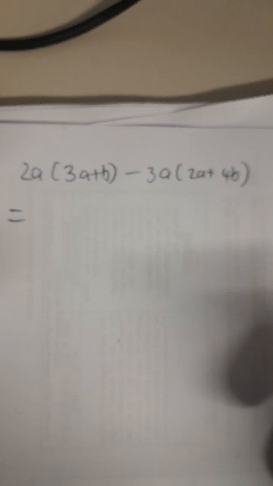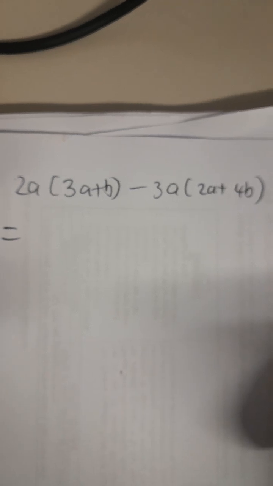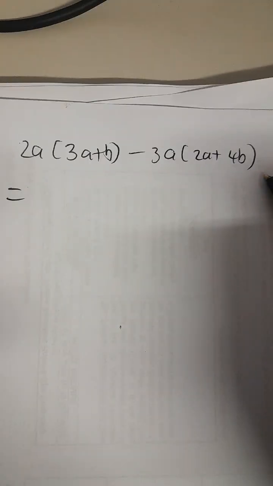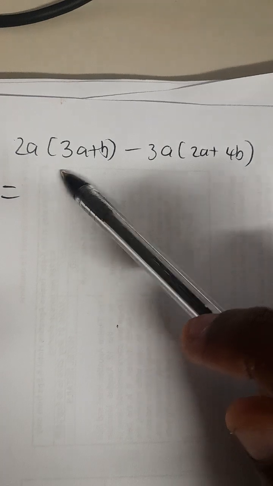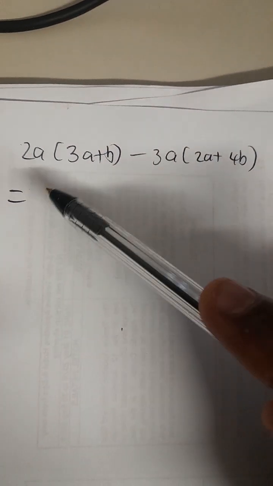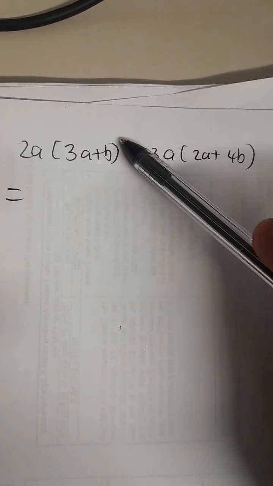So this is a typical question that requires us to basically do what? Use the distributive law. If you look at the expression itself, we need to first establish how many terms we have. 2a into 3a plus b is all one term.